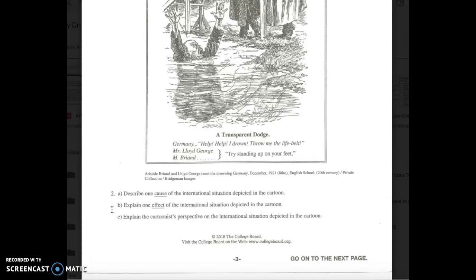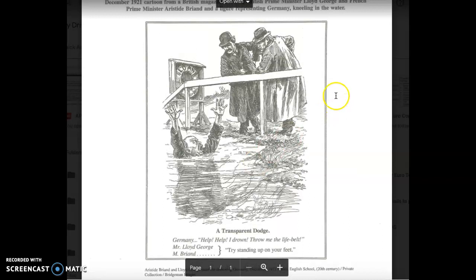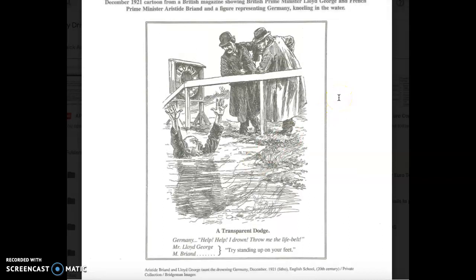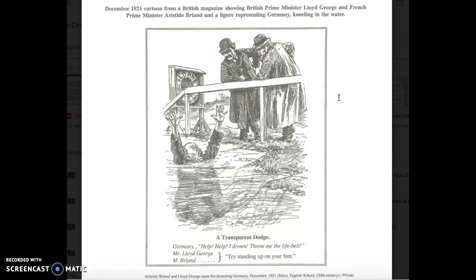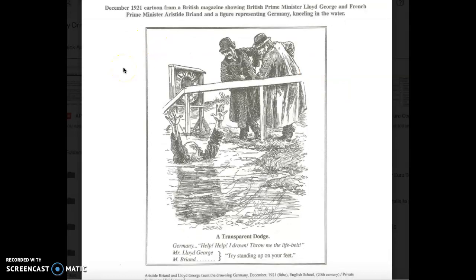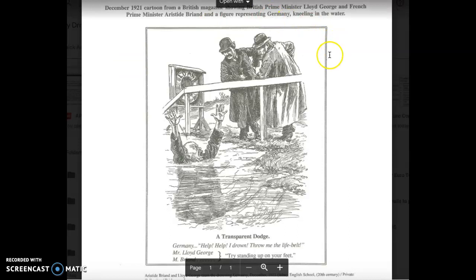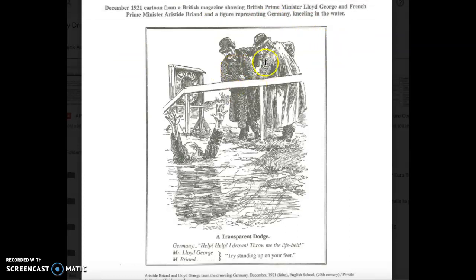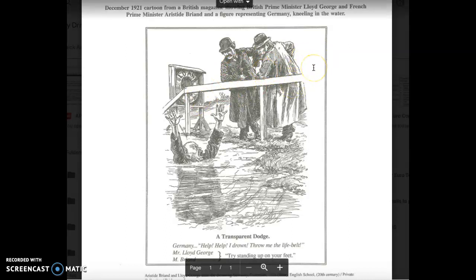So before you start trying to answer these questions by using the ACE strategy, you want to first kind of brainstorm the actual cartoon itself. What do you see? What are some important details that might help you in your answer? What we can see here is, of course, what the political cartoon is already telling us. This is British Prime Minister Lloyd George and French Prime Minister Aristide Briand.